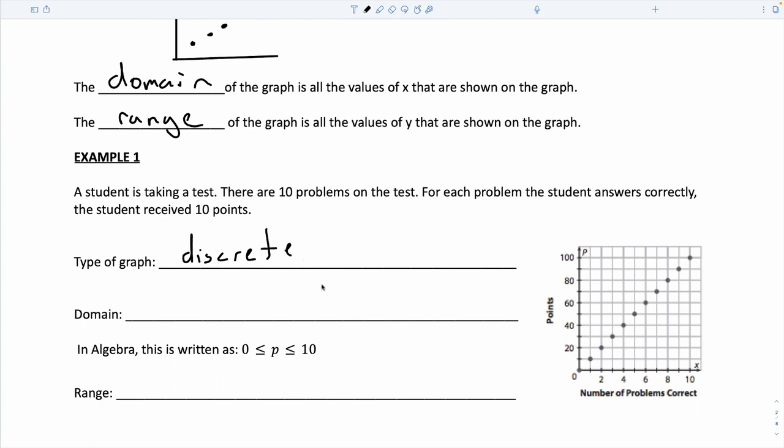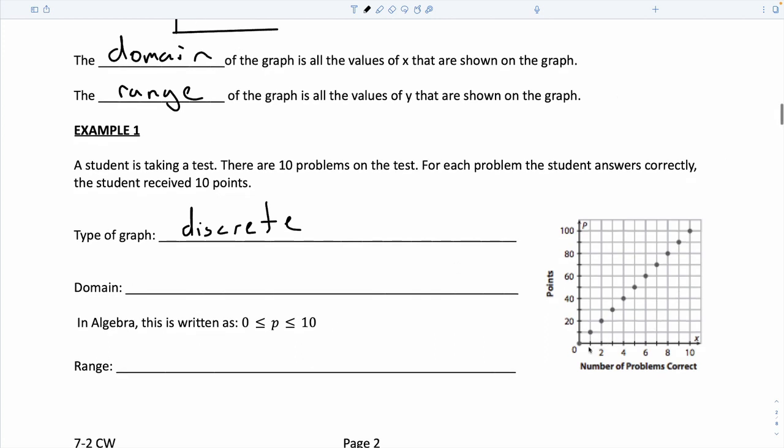It is discrete. The domain for this thing is all of the x values that it could be. So the domain for this could be between 0 or it could be up to 10.